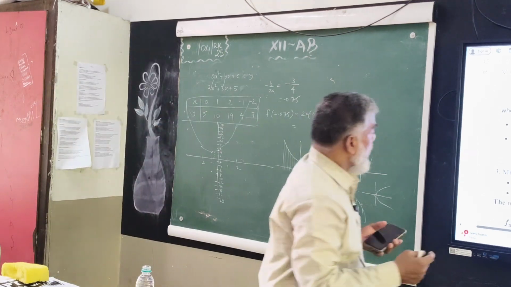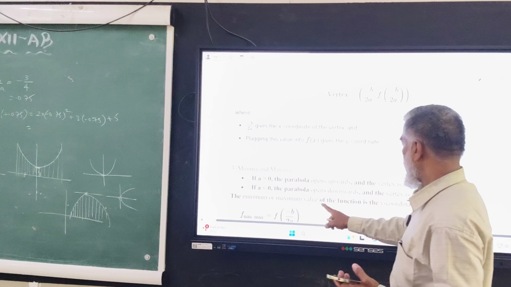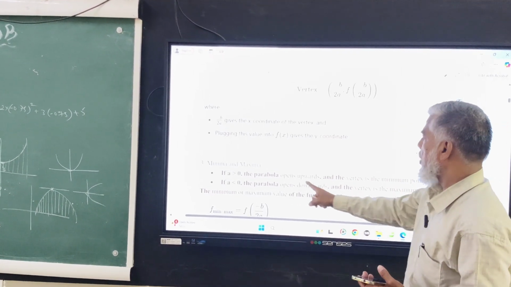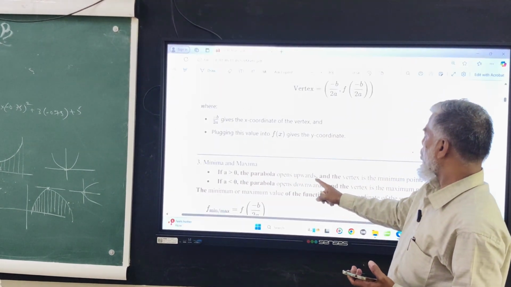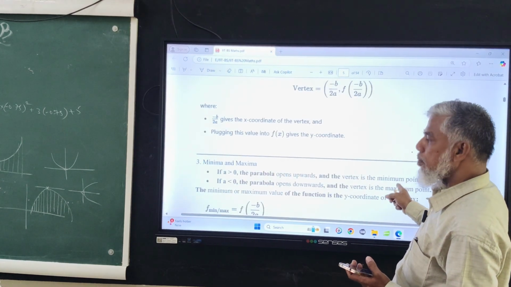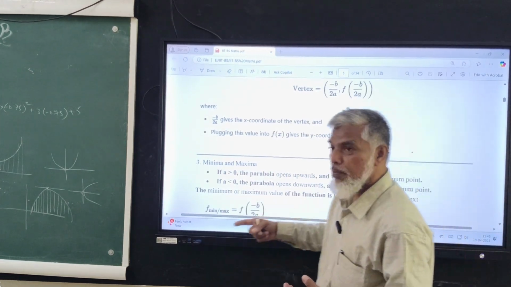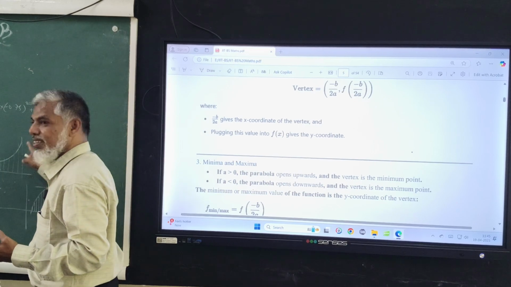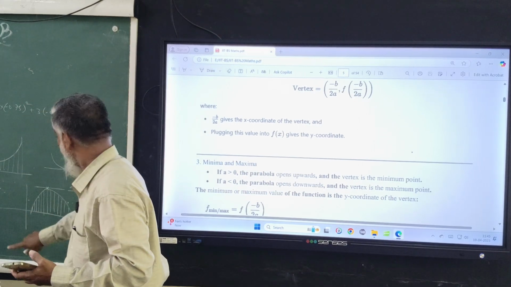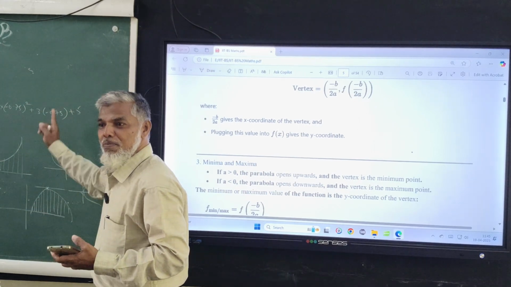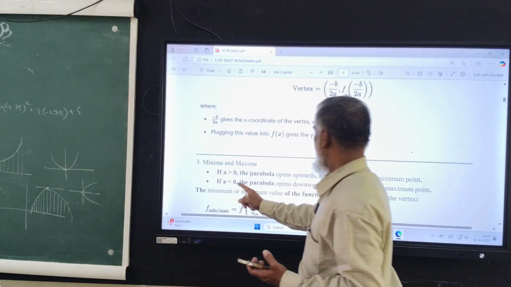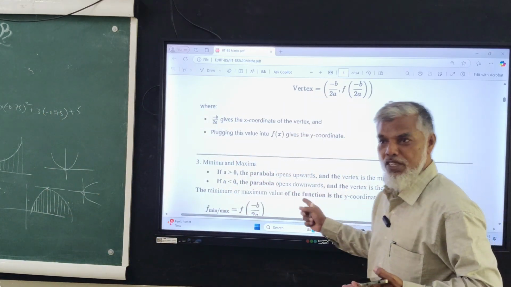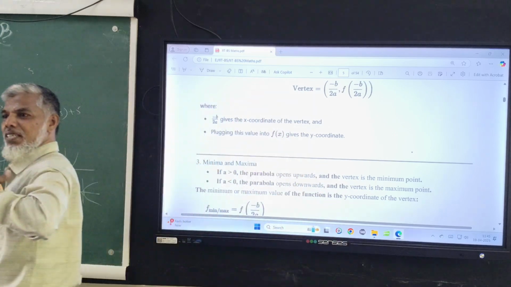If a is greater than 0, the parabola opens upward and the vertex is a minimum. Open upward, minimum. Open downward, maximum. A less than 0, maximum. I understood this point. Right?